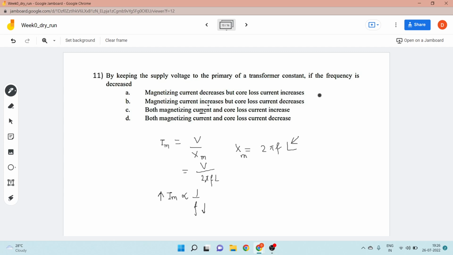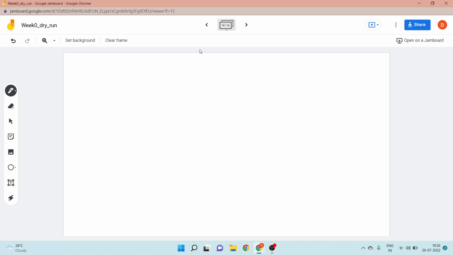Now let's look into the core loss. I'll just open another slide for the core loss. Core loss can be the loss from the eddy current or from the hysteresis loss, right?